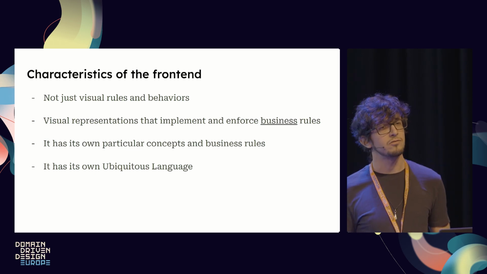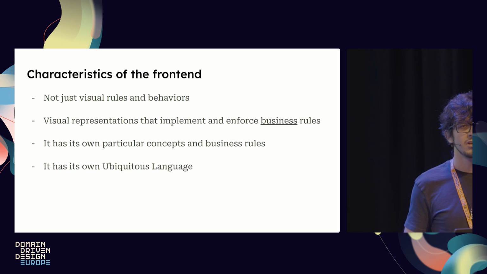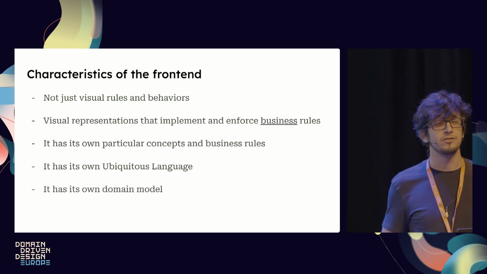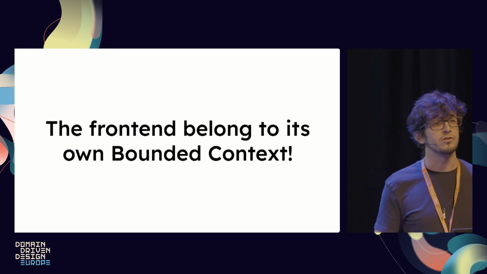Some of those terms that were used during that explanation by the UX team and the product team were very particular just to the front end, meaning that the front end has its own domain model. So it led you to think that the front end belongs to its own bounded context.